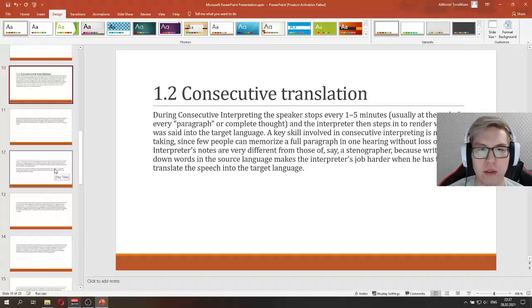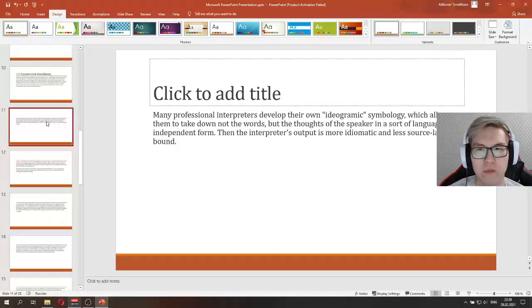A key skill involved in consecutive interpreting is note-taking, since few people can memorize a full paragraph in one hearing without loss of detail. Interpreters' notes are very different from those of, say, a stenographer, because writing down words in the source language makes the interpreter's job harder when he has to translate the speech into the target language.